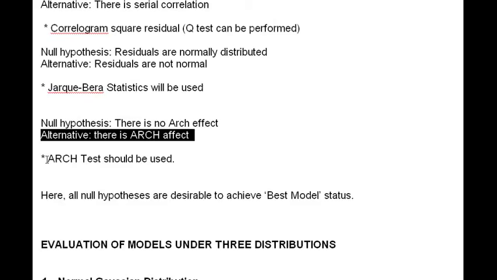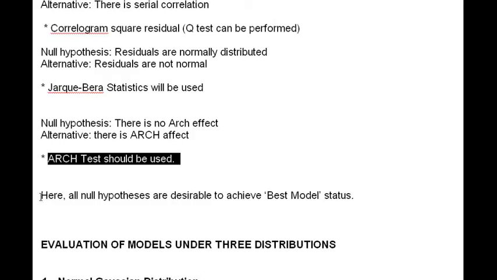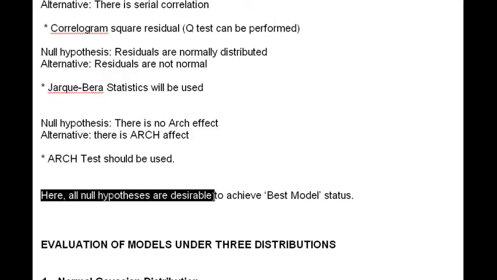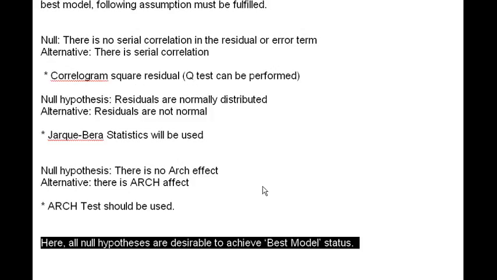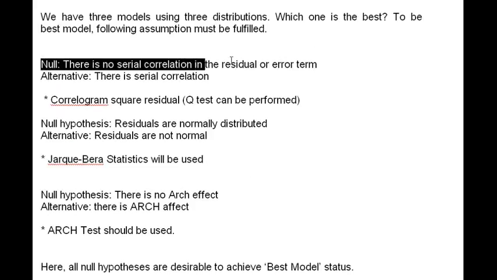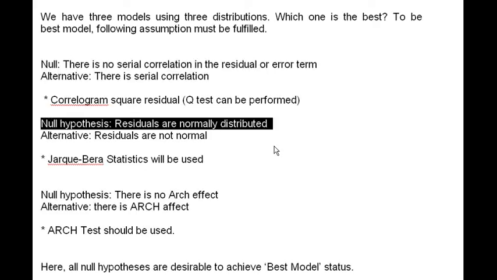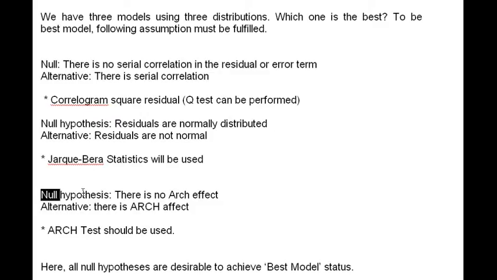Here all null hypotheses are desirable to achieve best model status, meaning there is no serial correlation, residuals are normally distributed, and there is no ARCH effect. That means we should not reject the null hypothesis. Only then the model will be the best model.